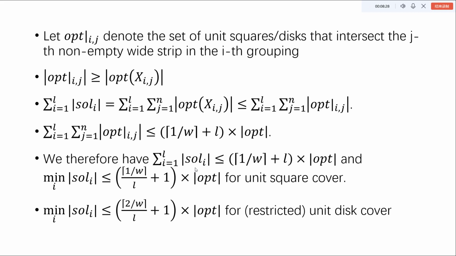So this means that the size of all the solutions for different groupings is no larger than such number times the size of the optimal. And then we choose the minimum among all the solutions for different groupings, and we have this inequality. And for the unit disk cover, it is the same. While the approximation ratio is different, we can get this one.